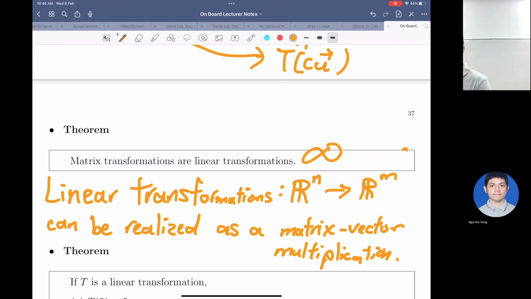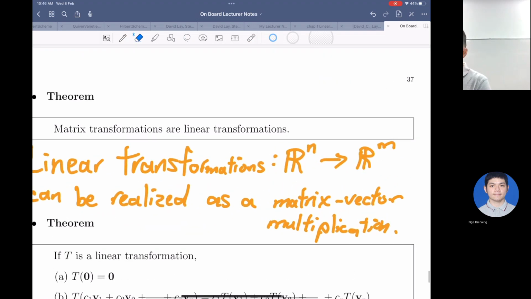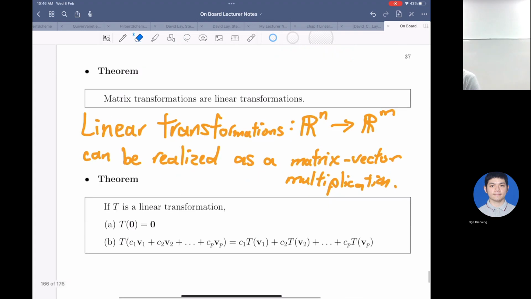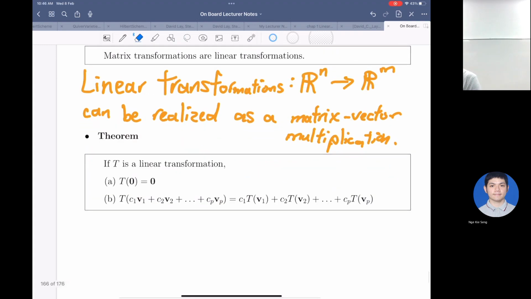If it is infinite, then the matrix will be very big, maybe not easy to describe. So all the linear transformations between Rn and Rm are matrix transformations. We can use matrices to study them. This is why we care about linear transformation.